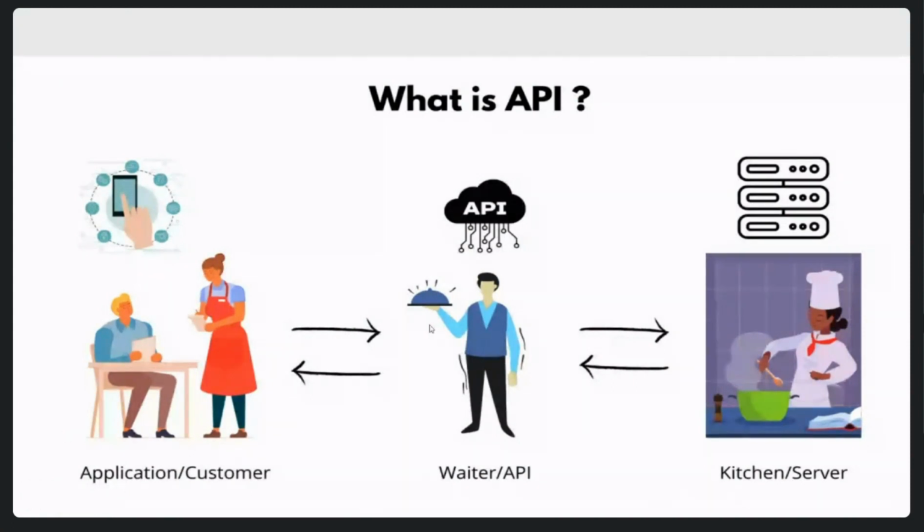He is sending some request to the API, and the API carries that request to the server. The server will respond with some details, and again the API is carrying those details to the client side, right? It is a real time example, right? I think you might have got an idea about API now, right?